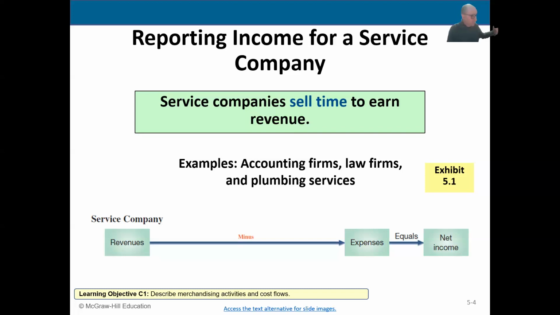There's no physical product involved. That's what makes it a service business. A restaurant is a service business. There's no physical, tangible product that you're purchasing and taking home. So that's what makes it a service business.